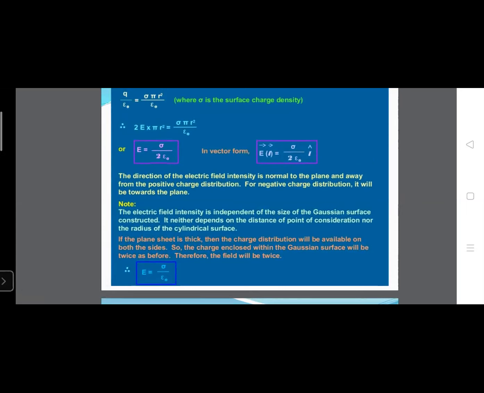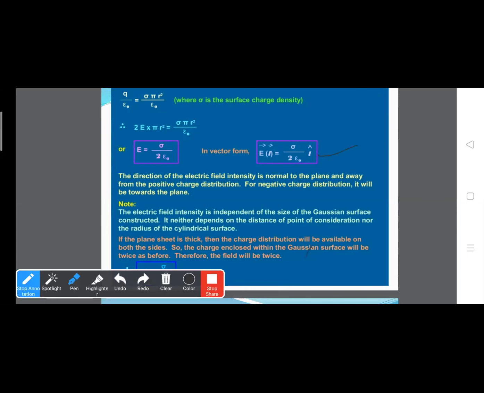It does not depend on the size of the Gaussian surface. It neither depends on the distance of the point of consideration nor on the radius of the cylindrical surface, as you saw in this equation. Clear?